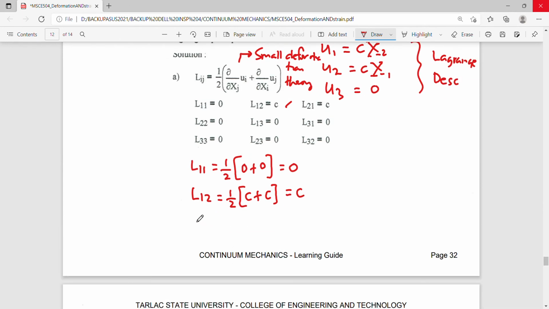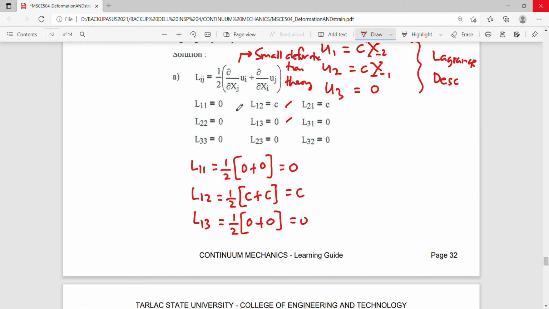If I have an L13, I have again 1 half. The partial derivative of u1 with respect to 3 is 0 plus u3 with respect to 1 is 0. So this becomes 0.